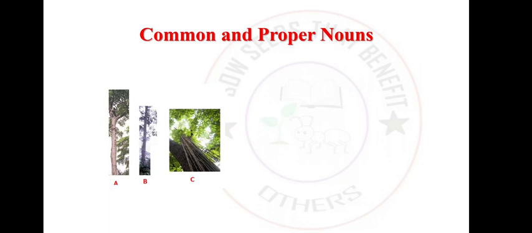You are to look at the pictures carefully and identify what is being shown in each picture. So, what do you see in picture A? What do you see in picture B? What do you see in picture C?